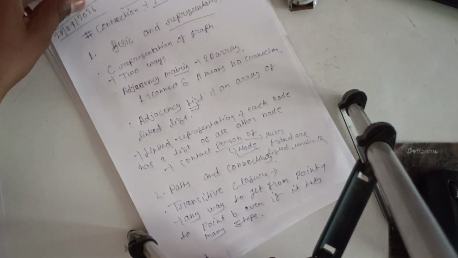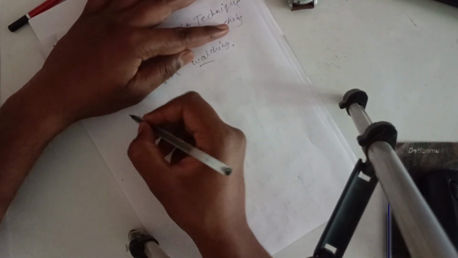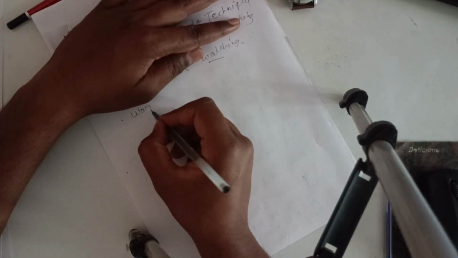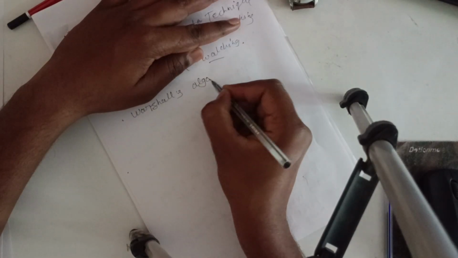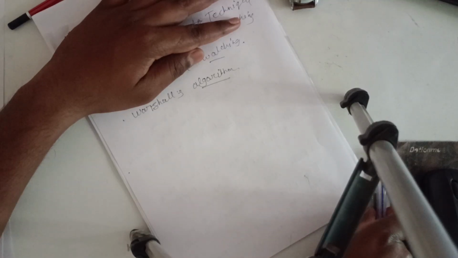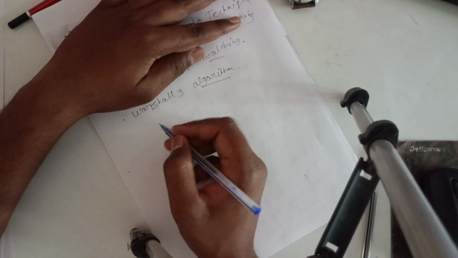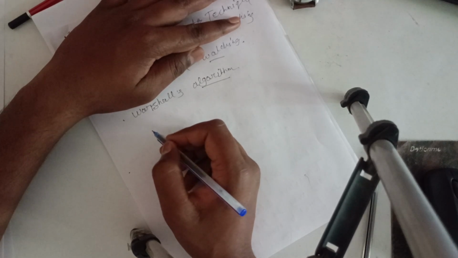Now next is Warshall algorithm. Basically Warshall algorithm is a mathematical shortcut to find the transitive closure.